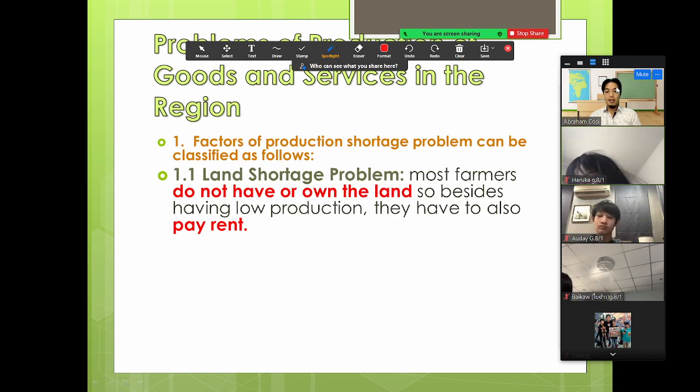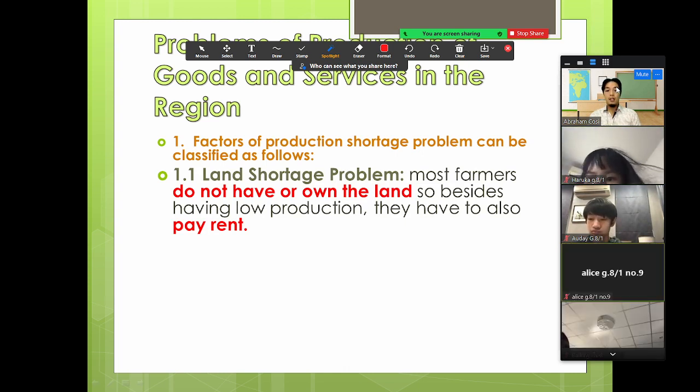Under number one, 1.1, we have the following problems. Land shortage problem. Most farmers do not have their own land, so besides having a problem of low production, they also have to pay rent.